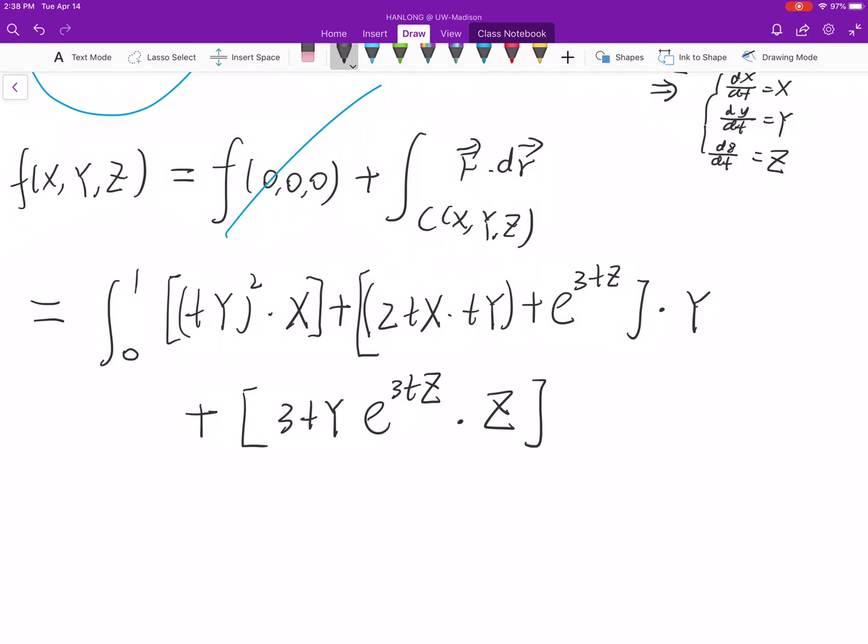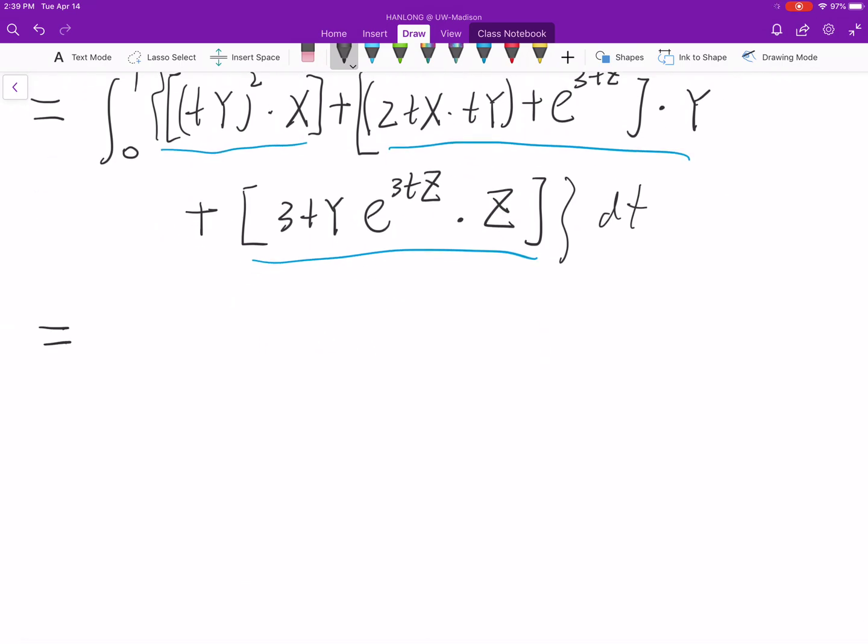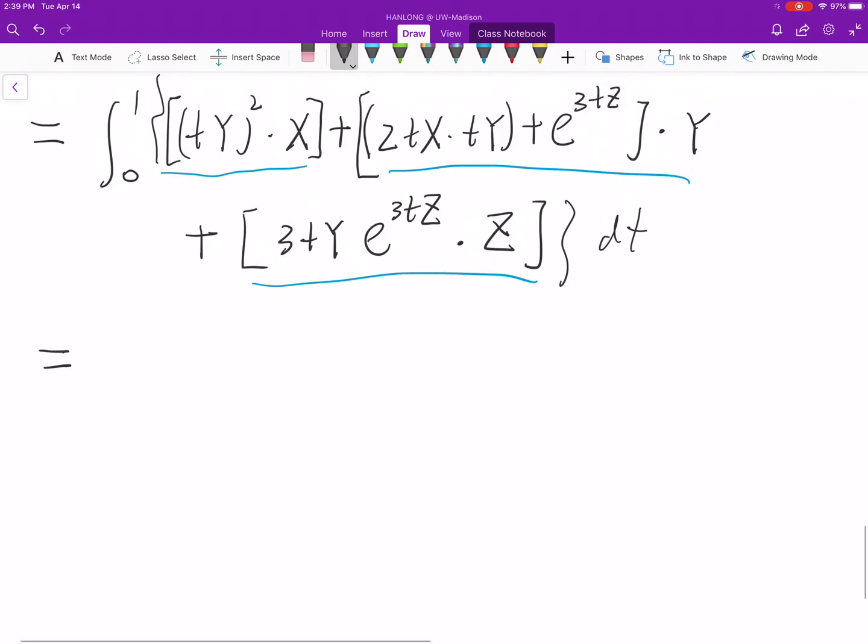That's it. And this is the first part, the second part, the third part, and finally you integrate with respect to t. Okay, now let's do it one by one. So first simplify.